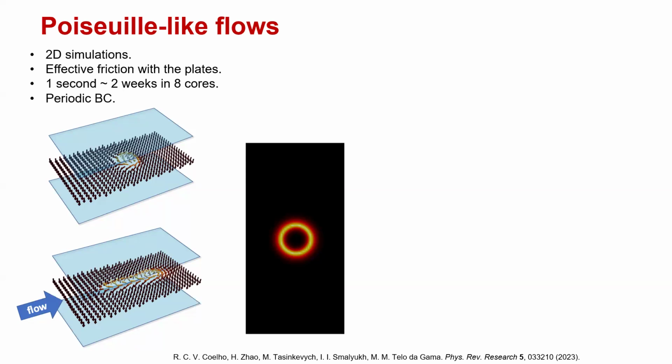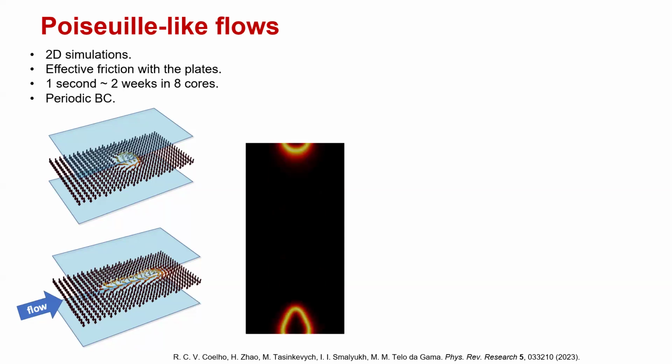So we started with 2D simulations. It's a bit strange because we are approximating a Poiseuille flow by what happens in the middle. So we apply an external force to drive the flow and a friction to mimic the energy dissipation from the plates. That's what we did initially. It's quite a strong approximation, but let's see what it predicts.